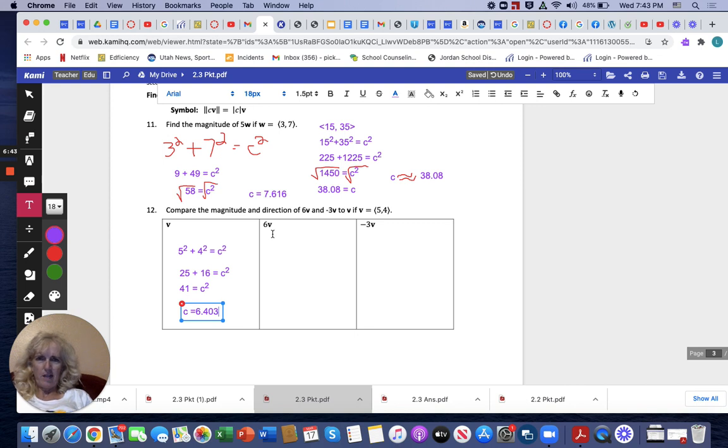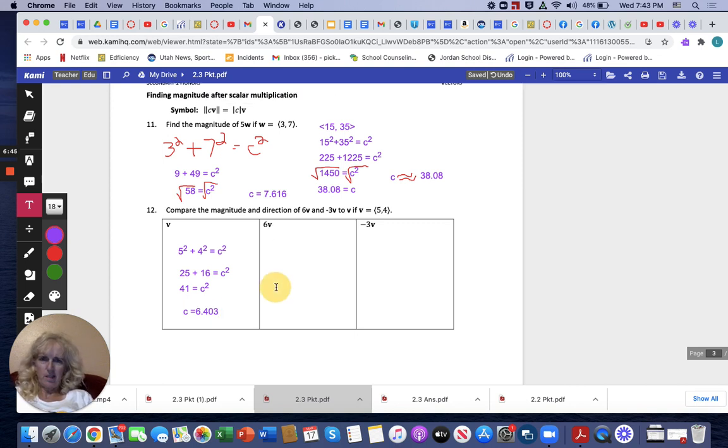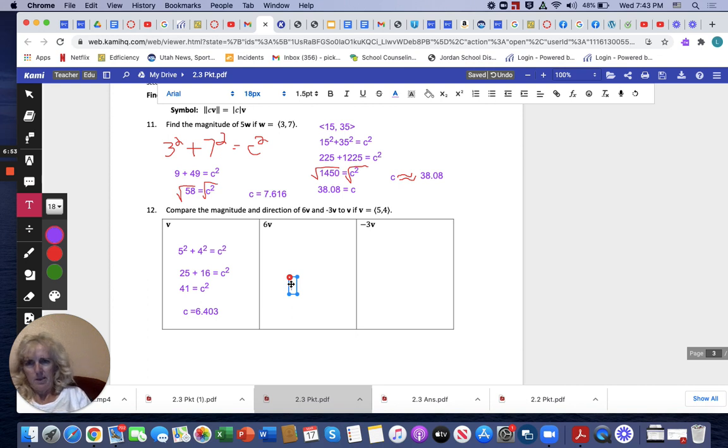Okay. If I take 6v, guess what? It's going to be the same as if I took this 6.403 and just multiply it by 6. So 6.403 times 6, 38.418.